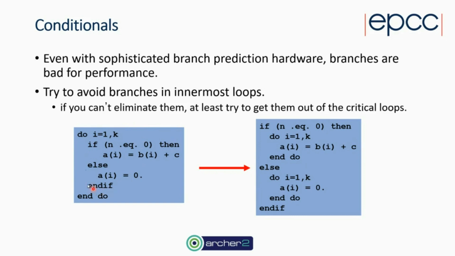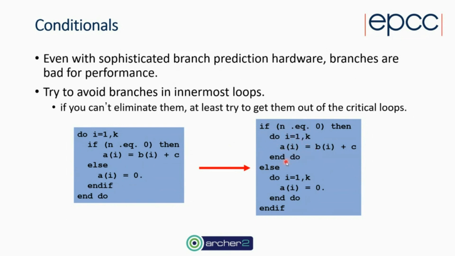But it has this branch inside, which is going to generate extra instructions, potentially pipeline drains, and all these kinds of things. If this branch doesn't need to be here, then getting rid of it will give us better performance. In this case, N doesn't change inside this loop, so I can get rid of the branch from inside the loop, still maintain the branch, and now I've got one branch call and then hopefully a large number of loop iterations.